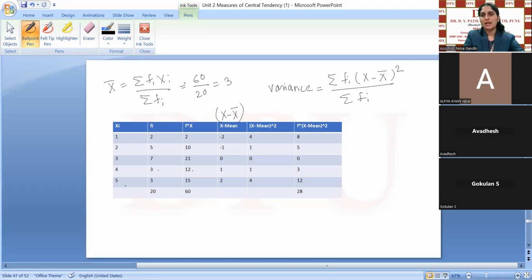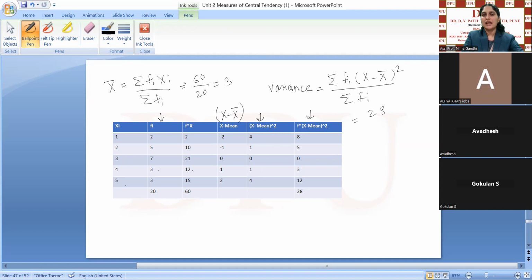We have already done the calculations up to (X minus X bar) square. So I'm multiplying this column and this column to get the last column. 4 into 2 is 8, 1 into 5 is 5, 0 into 7 is 0, 1 into 3 is 3, 4 into 3 is 12. The total of this column is your numerator now.